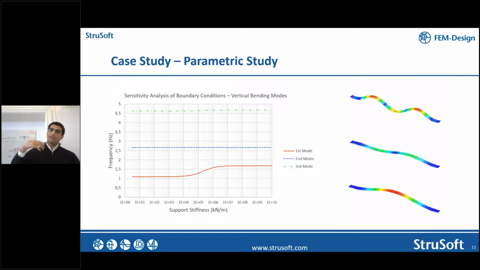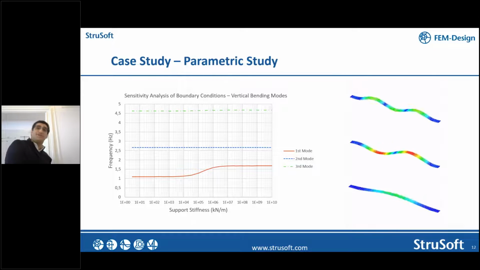And then you would like to go further. This is quite important, because if you need to design, you need to characterize the natural frequency of your system, and the code allows you to reduce the applied load based on the natural frequency of your system.